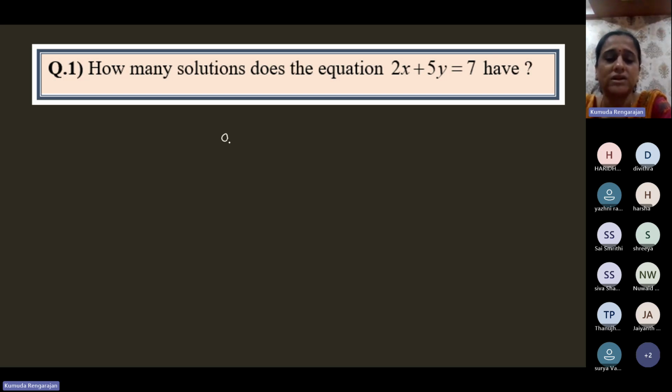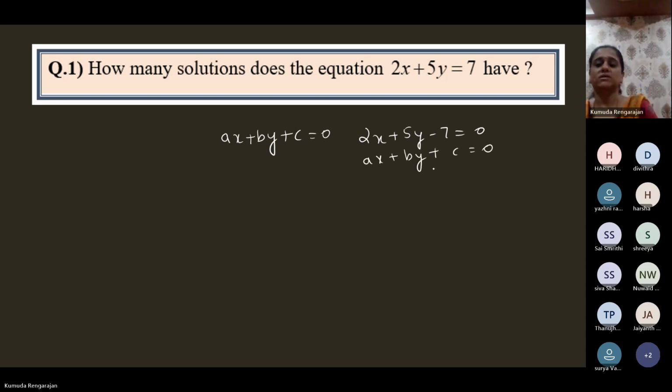Or you can just remember that an equation of the form ax plus by plus c equal to 0 has infinitely many solutions. So 2x plus 5y minus 7 equal to 0 is like ax plus by plus c equal to 0, so equations of this form have infinitely many solutions.